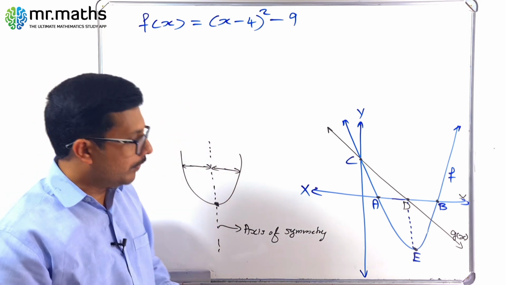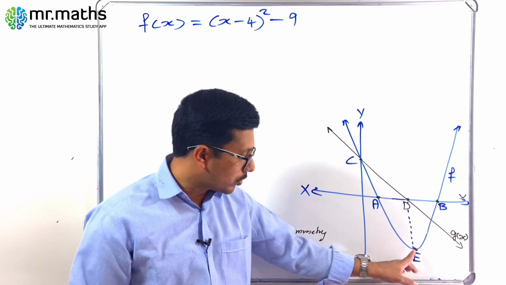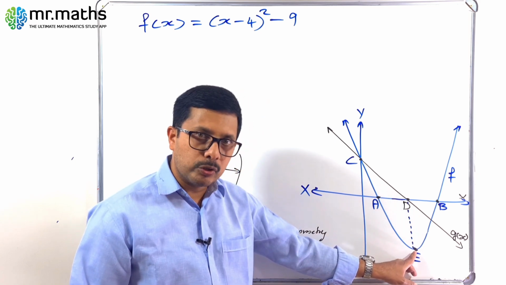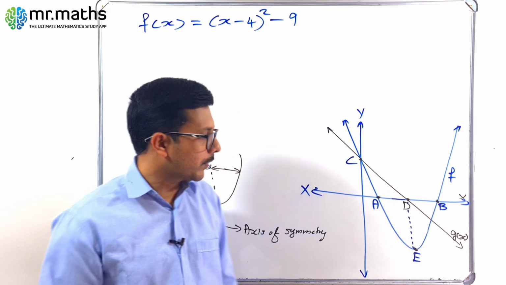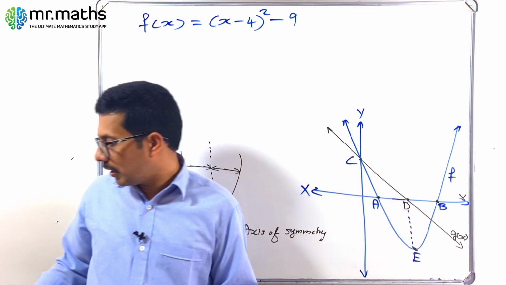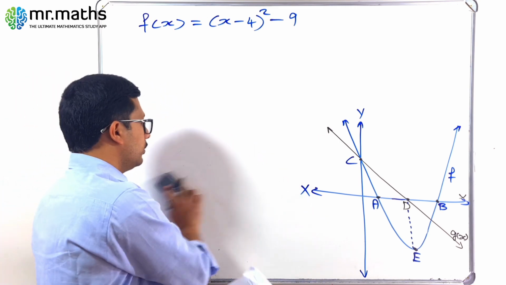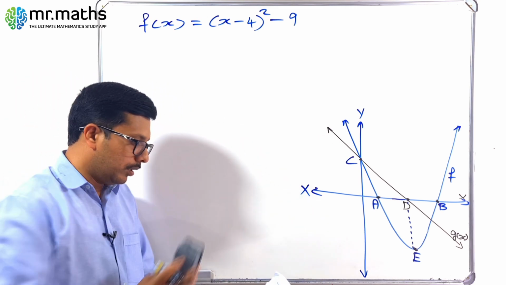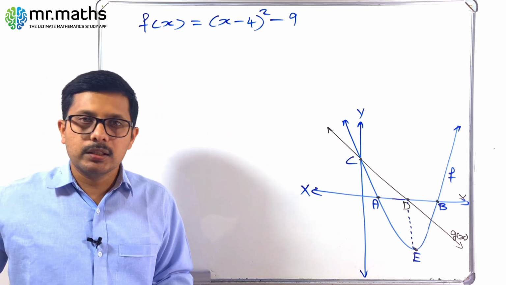So this line DE is parallel to the y-axis and also passes through the turning point, so it is an axis of symmetry also. Maybe we have to use that, that's why they gave it like that. Anything else? That's all. Based on this information, we have to answer the remaining questions.